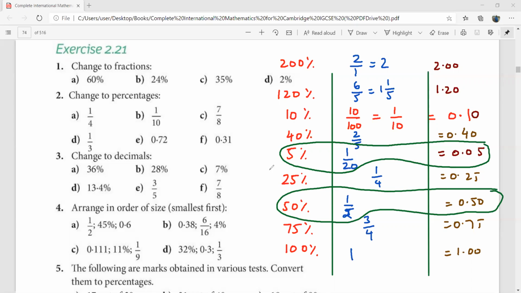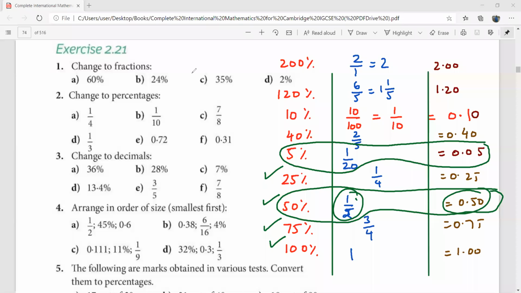So these 25%, 50%, 75%, 100% are very frequently used percentages, so you must always know them by heart: how they are written as a decimal and what they actually mean. 100% means a whole, one complete. 50% means 50 out of 100, that is representing a half, or as a decimal, it is 0.5.